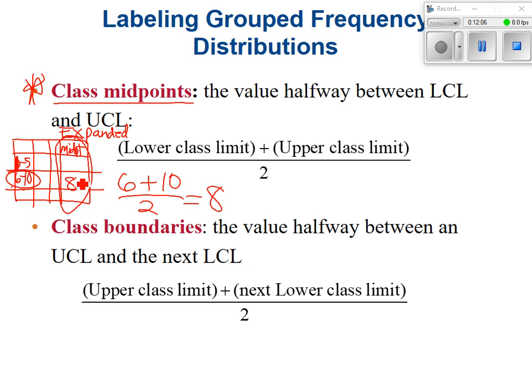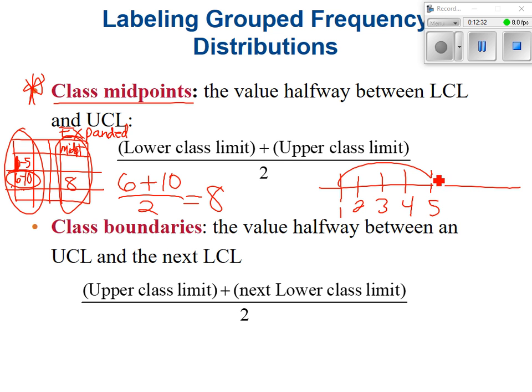The class boundaries, and we'll talk more about this later on. If we're looking at these numbers, 1 to 5, 6 to 10, on a number line or on a graph, we're saying 1 to 5 goes from here to here, and then 6 to 10 goes from here to here.